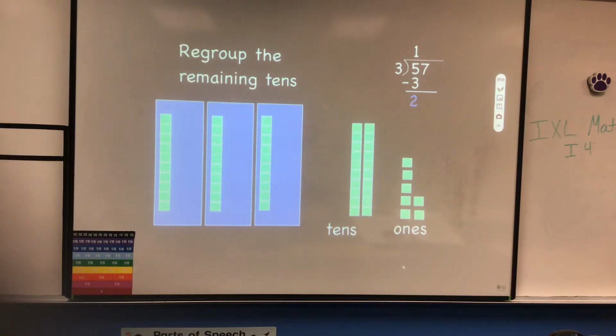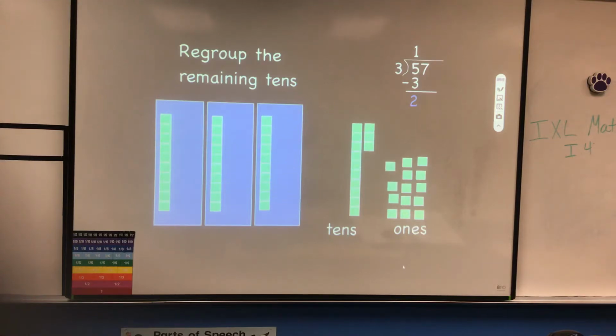We're going to regroup them, which means we're going to break apart these 2 rods of tens and turn them into ones, like this. With your base 10 blocks, you'll want to grab one of these tens and turn it into 10 ones. I'm just going to take each and every little cube here and move it over. Quickly, I'll keep them in rows of 5 again so it's visually easy to see what's going on.